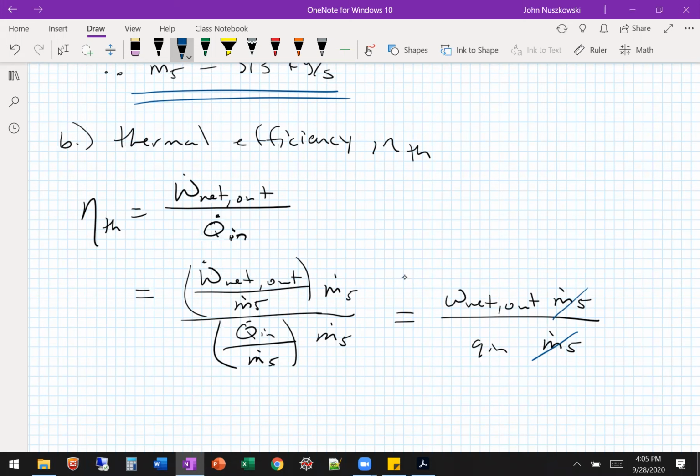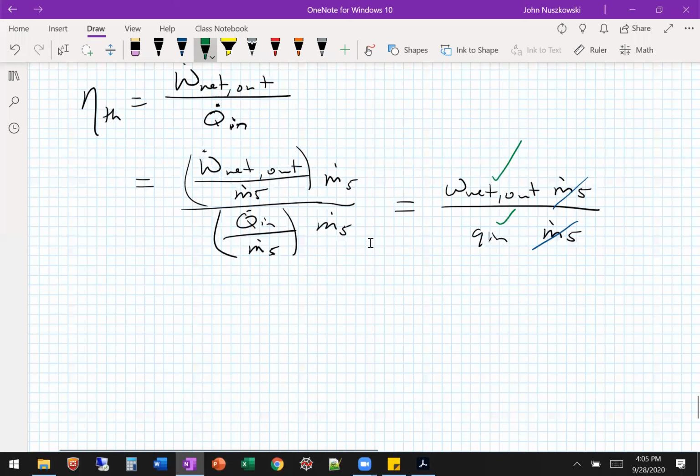So that cancels our mass flow rate 5. So we have the per unit mass version, okay? But it's again per mass flow rate 5. We have both of these, so we could go this route solving the problem.